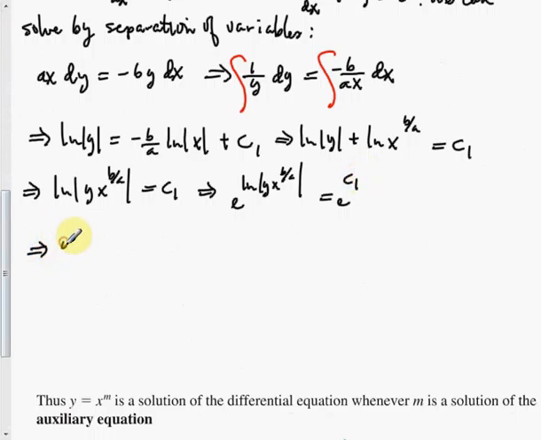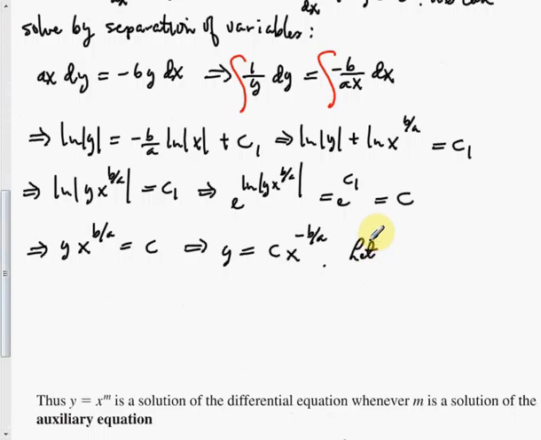And that implies that we have y times x raised to the b over a is equal to, let's call this e to the c sub 1, c. This implies that a solution for the first order Cauchy Euler differential equation is y is equal to c times x to the negative b over a.